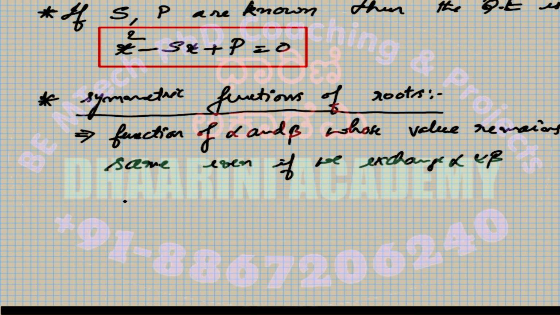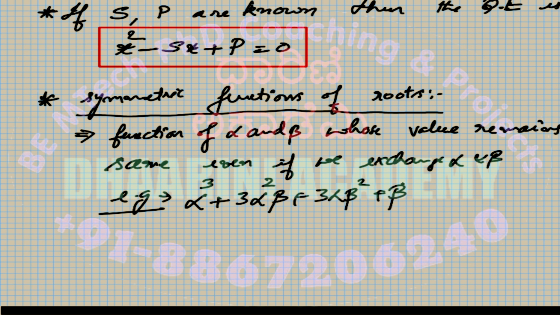For example, let's consider one example to make it very clear. Say alpha cube plus 3 times alpha square beta plus 3 times alpha beta square plus beta cube. Even if you exchange alpha and beta, this becomes beta cube plus 3 beta square alpha plus 3 beta alpha square plus alpha cube.